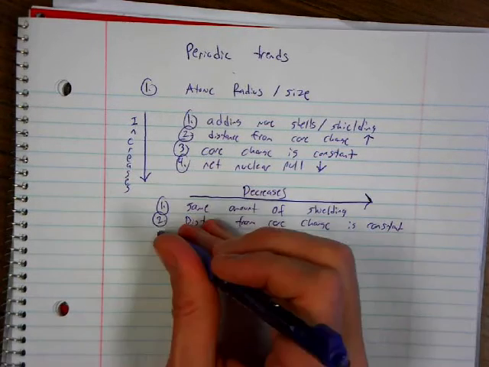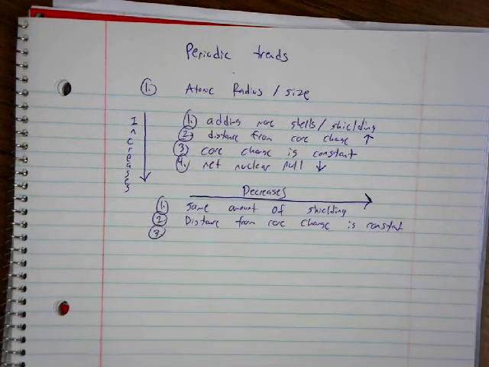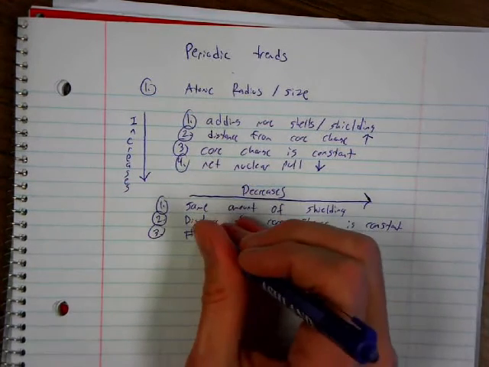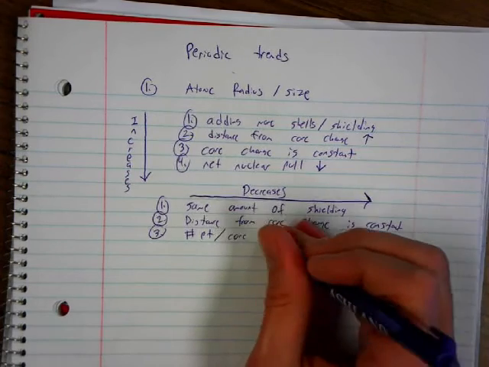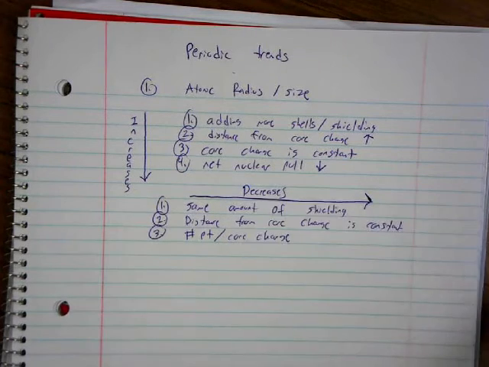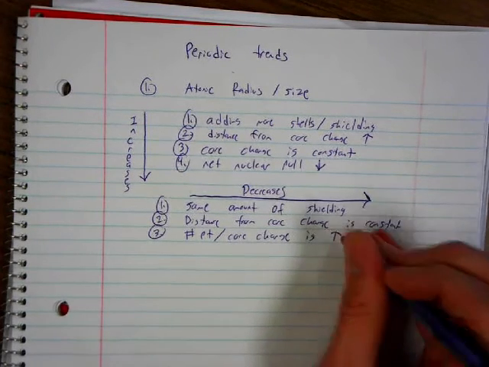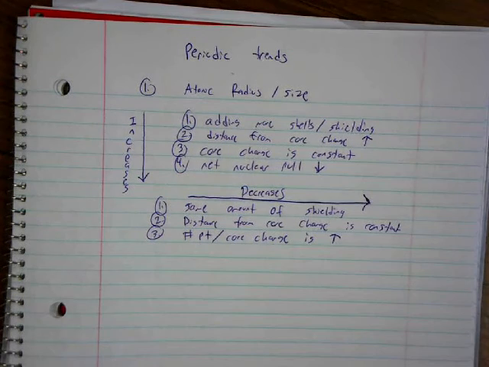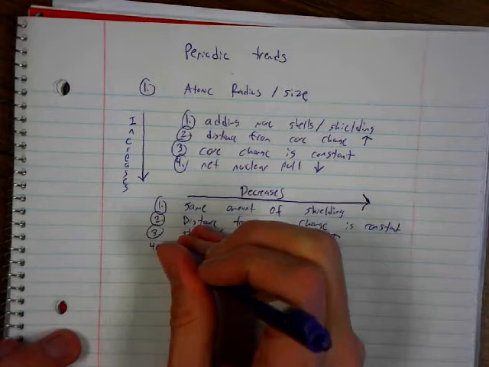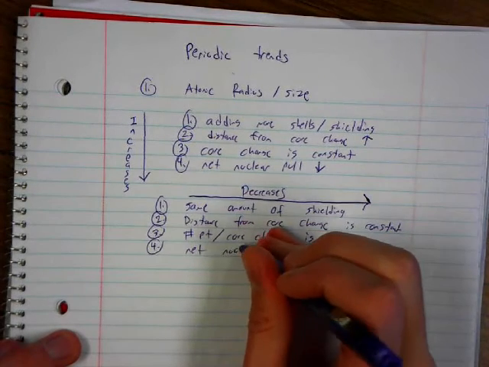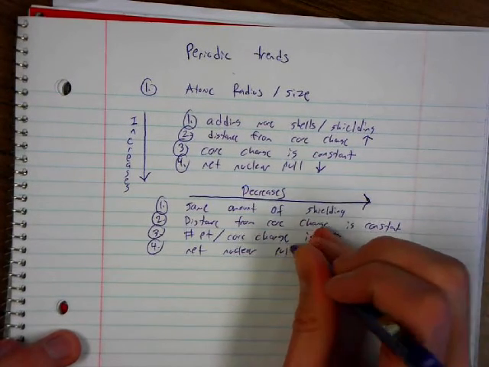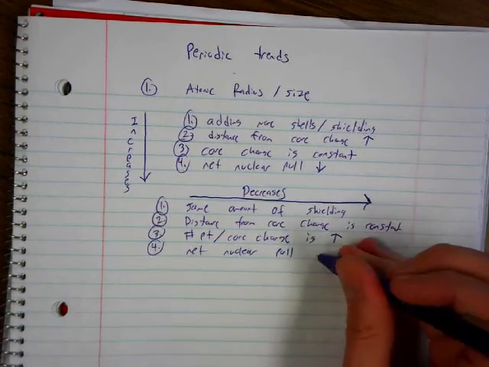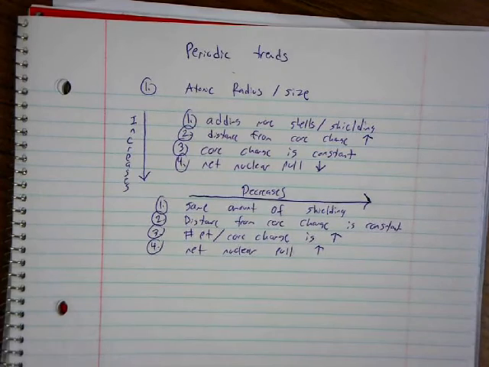Also, my core charge, my number of protons, is increasing as I move to the right. I'm getting more protons as I move across the periodic table. And because of that, my net nuclear pull is going to increase. Hence, that's why they get smaller, because it's pulling them in tighter as I move across to the right of the periodic table.